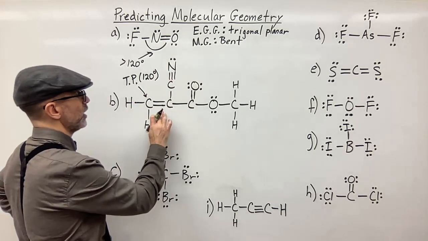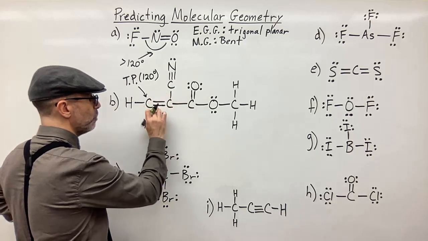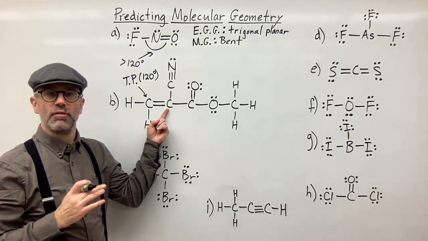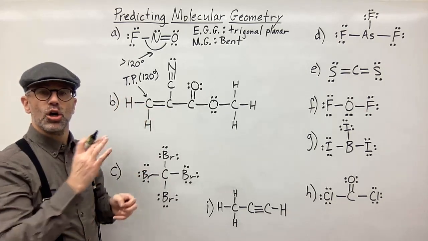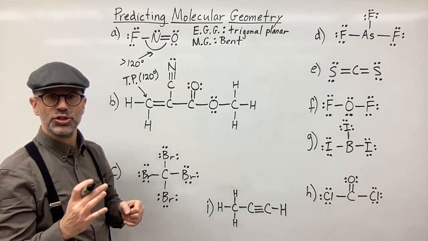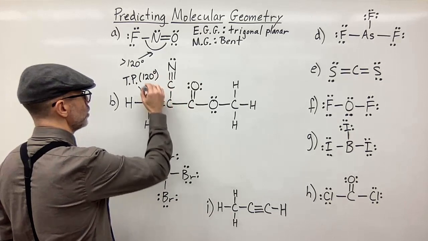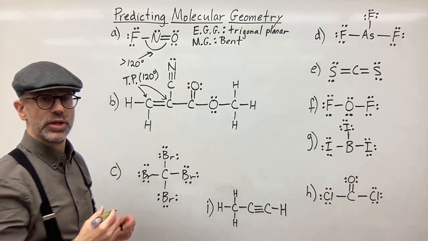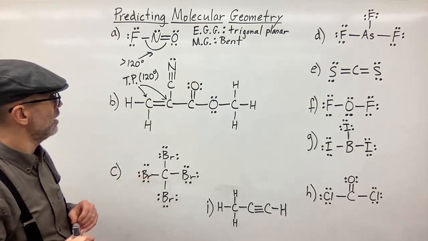So same thing with this carbon here. You'll see the same thing. It has 3 bonding groups, no lone pairs. So the total number of electron groups is 3. So that means, again, that the electron group geometry and the molecular geometry will be the same. So this carbon is also going to be trigonal planar with regard to its electron group geometry and its molecular geometry.